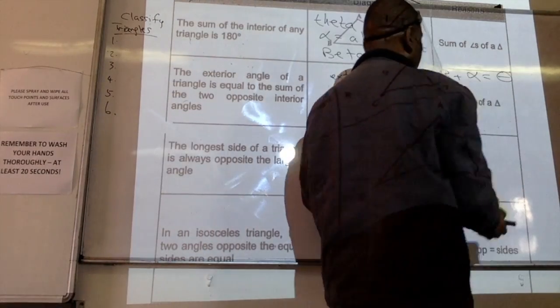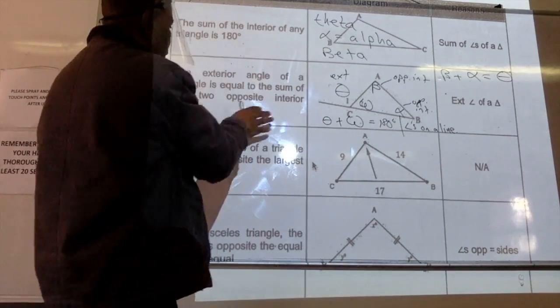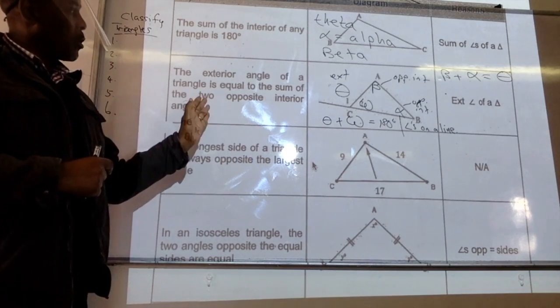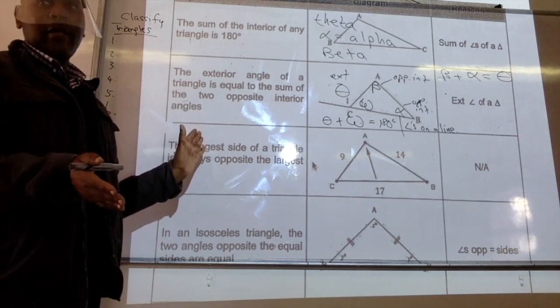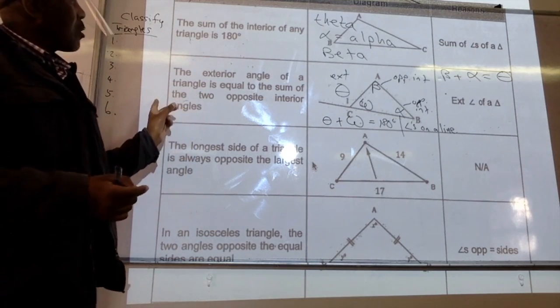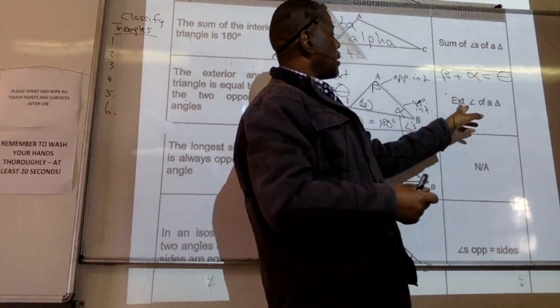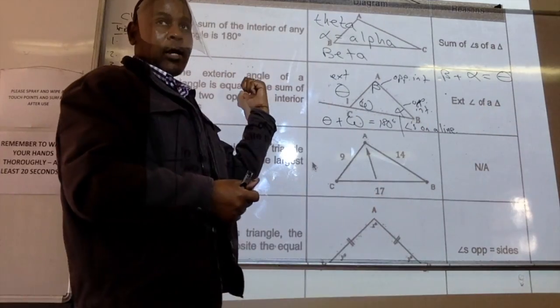All right, well done. And your reason is all this, right? Because the exterior angle of a triangle can be shown to be equal to the sum of the two opposite interior angles. We can prove that anytime. But instead of writing the whole paragraph, you can just shorten it and say exterior angle of a triangle. We will know that you mean this, okay?